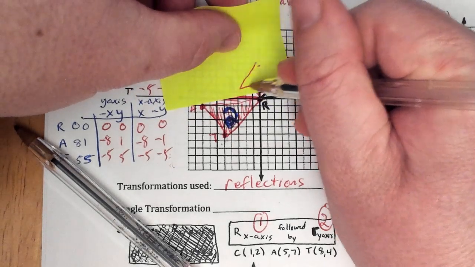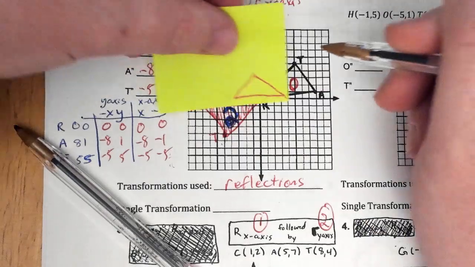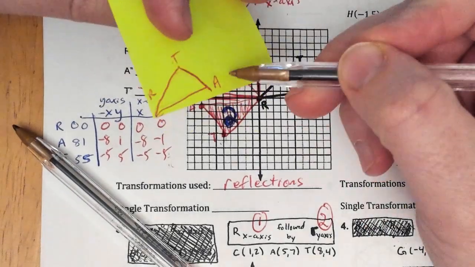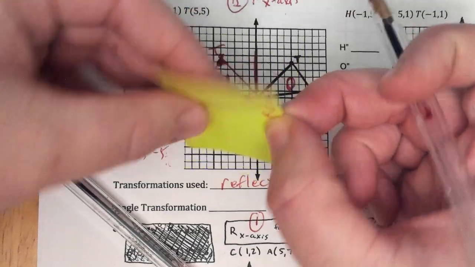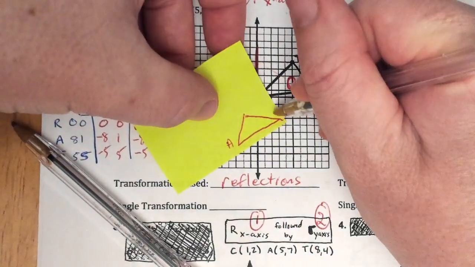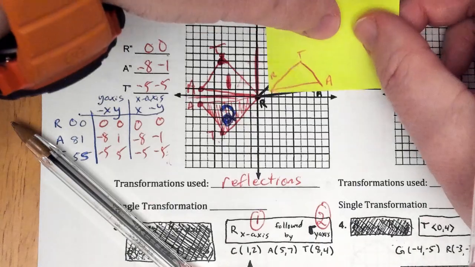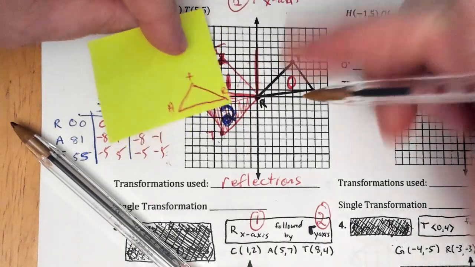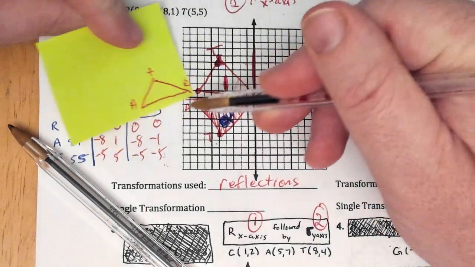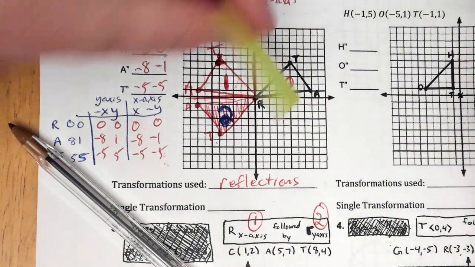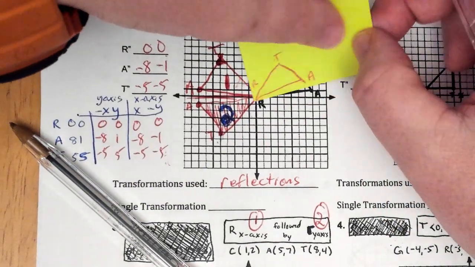So in case I need to reflect it, where A was over here, A is still in that same spot. Your R is right here, and your T is right here. Reflecting doesn't work because there's my R, but my A and my T should be there, so that doesn't work. Nope, can't do that. But I can rotate.